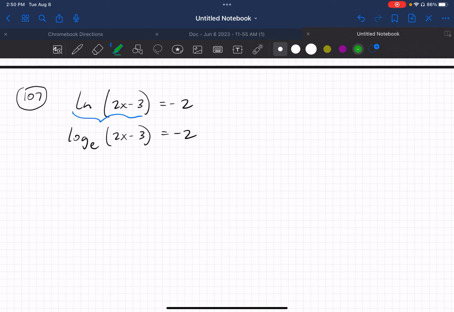To do that, you need to change it to an exponent. The little trick I use is I use a little cursive e. So e to the negative 2 power equals 2x minus 3. Now it's not in log form, it's in exponent form. So the last thing to do is solve for x now.